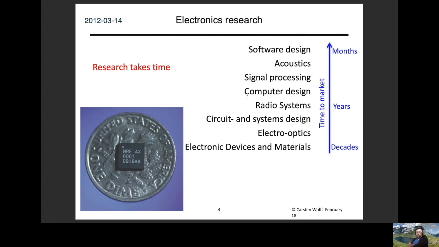Now, if you go to the other end, if you do software design or embedded software, then you can go from your code compiling and everything being tested and perfectly okay to rolling out all across the world in virtually no time, sort of days to months. And you can get instant gratification that it's going to work.